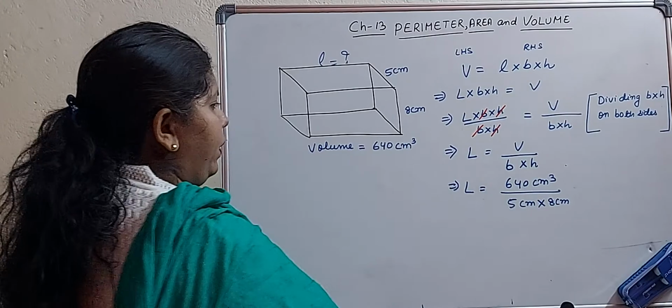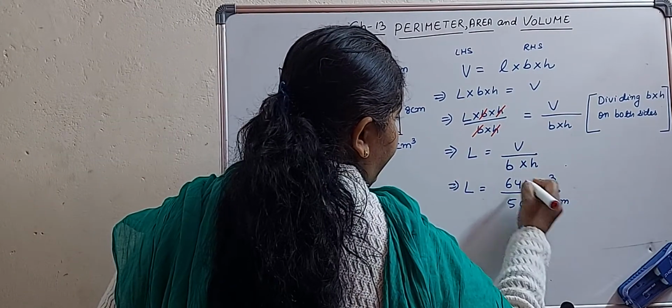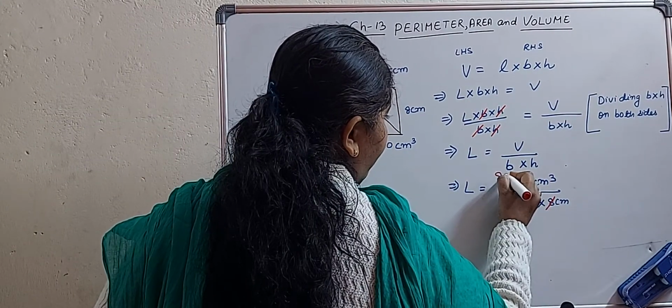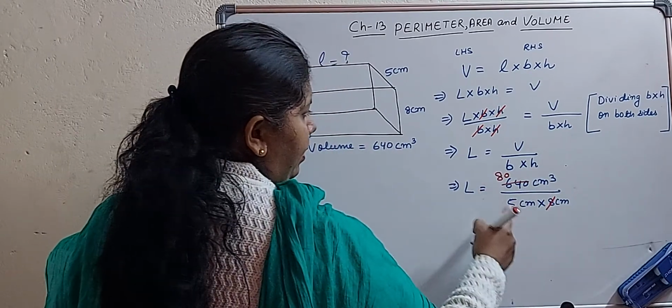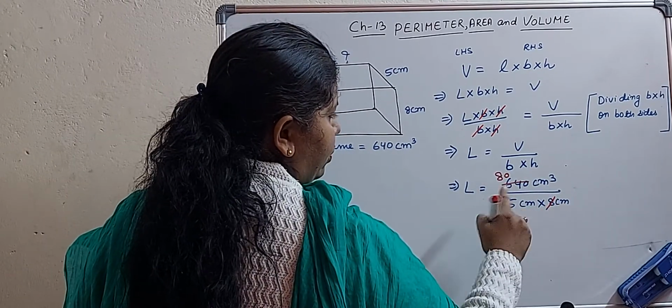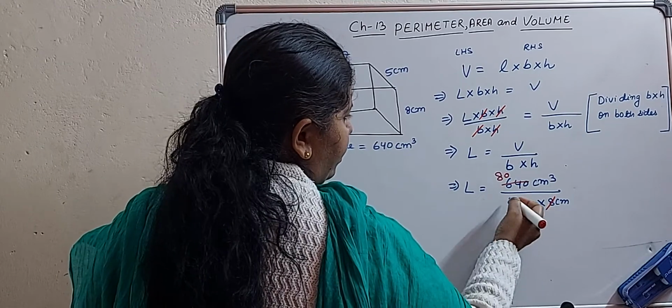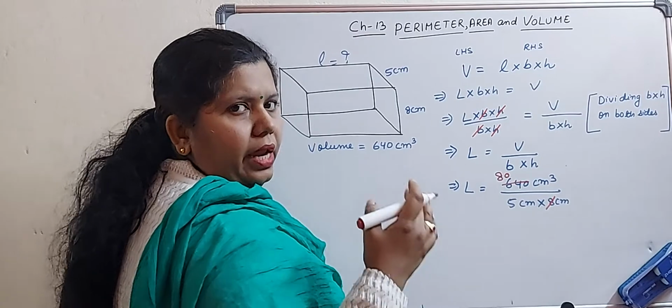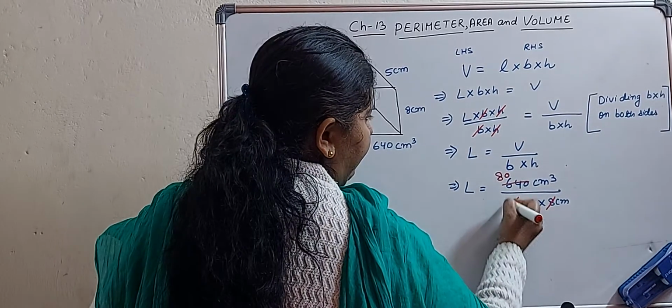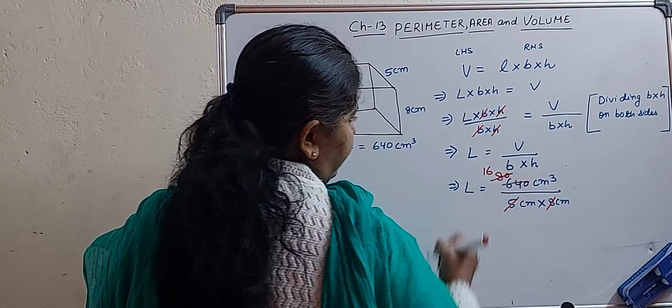What are we going to get? 8 8s are 64 and 0. 80 centimeter cube. 80 you get, and then 5 you will cut with 80. You know that 16 5s are 80. So 5 16s are 80.